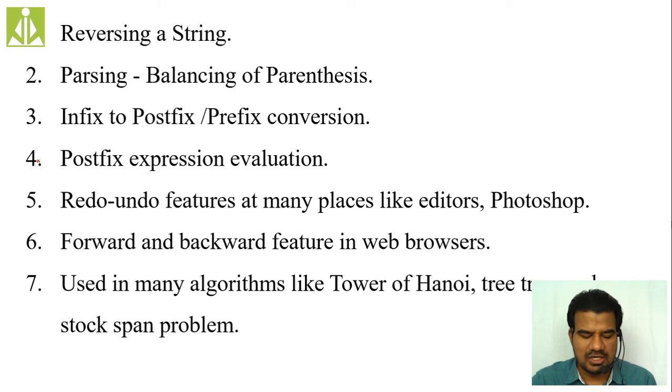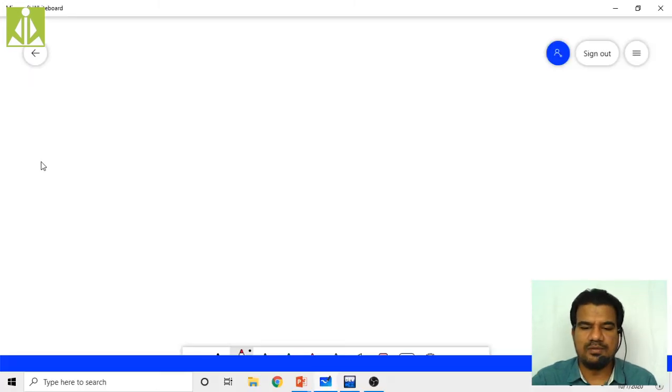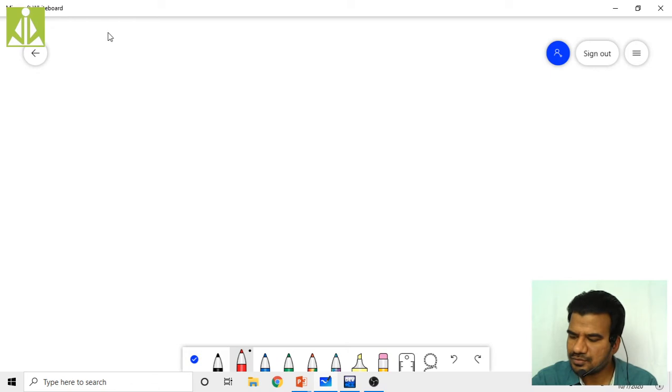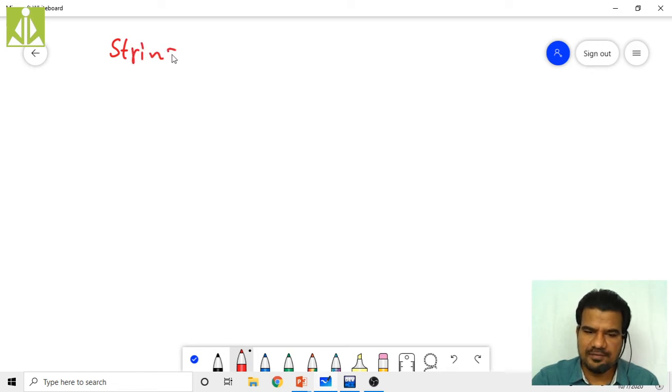So for the first application, I will go to my whiteboard application. Let us assume that I want to reverse a particular string. The given string is, let's say, MADAM. But as it is a palindrome, you will get both the strings the same.